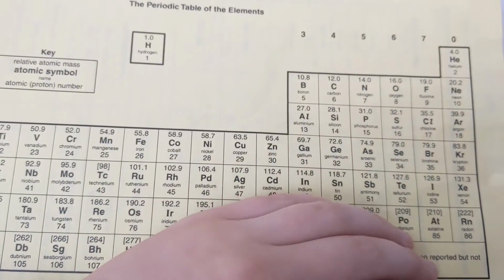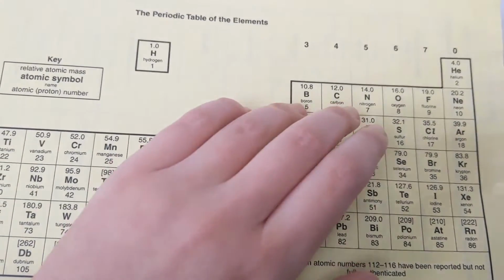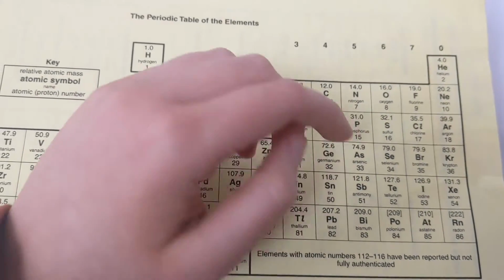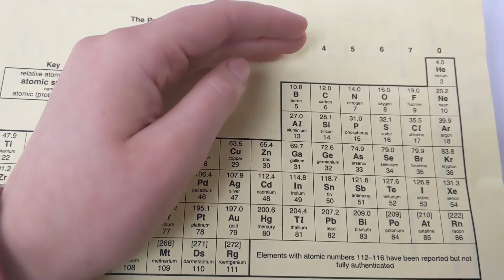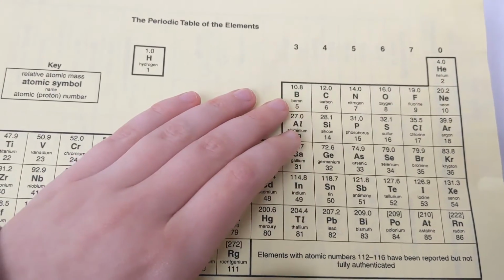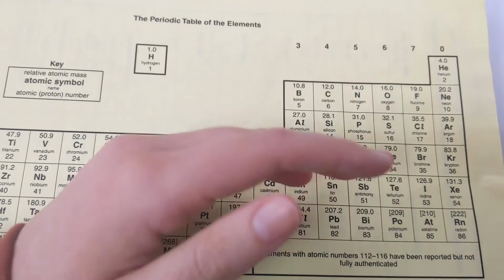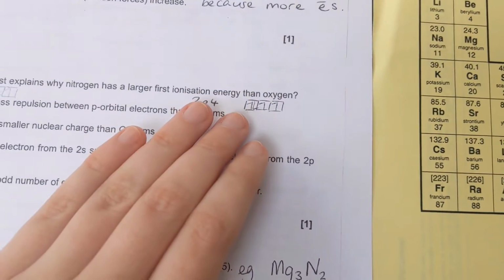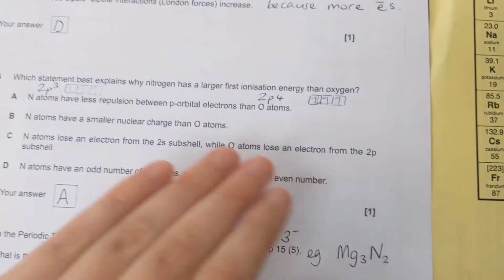If we think about the electron configuration of nitrogen, it's 3 across in the p block, and according to Hund's rule, that tells us that electrons fill p orbitals singly in a p subshell before they start pairing up. Then the nitrogen will have the least repulsion.